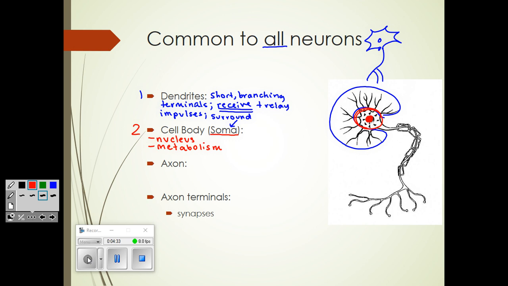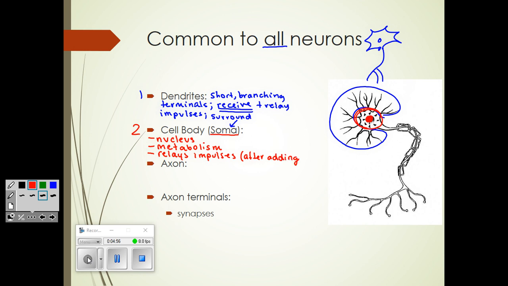The other thing that happens is that it continues to relay impulses. So the dendrites got an impulse, a nerve impulse, from somewhere, and they send it to the cell body. The cell body relays impulses after adding.